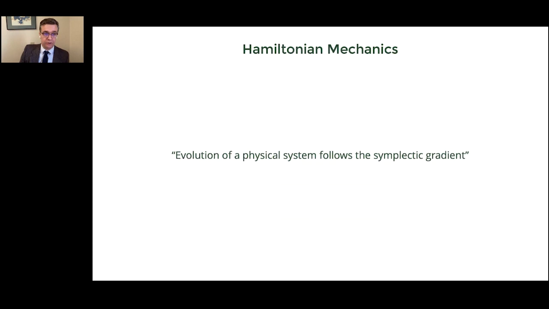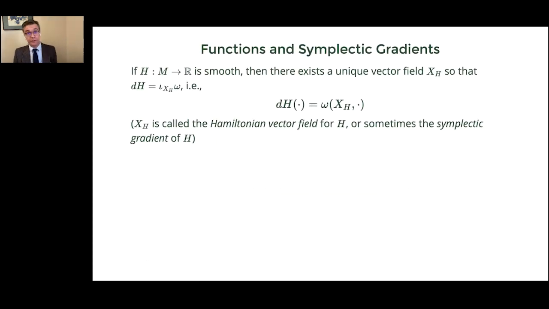So symplectic geometry really comes from Hamiltonian mechanics, and this is a gross simplification, but maybe the one sentence summary is something like: the evolution of a physical system follows a symplectic gradient. So what do I mean by symplectic gradient? Now I have a smooth function on a symplectic manifold, which I'm going to call H because these are going to be Hamiltonians, things like energy, at least in this physics context.